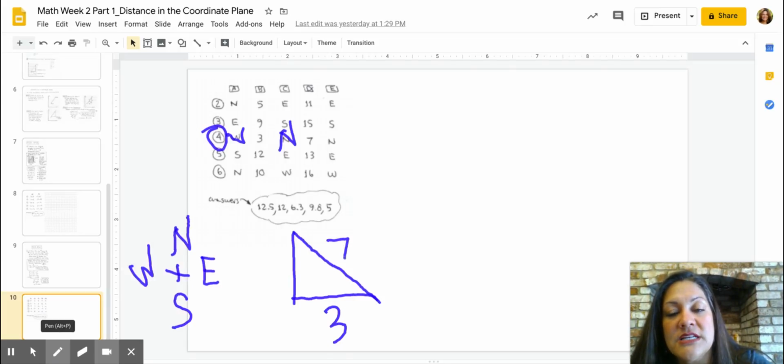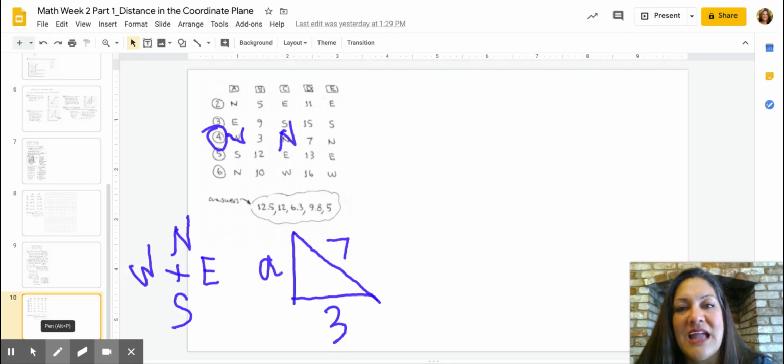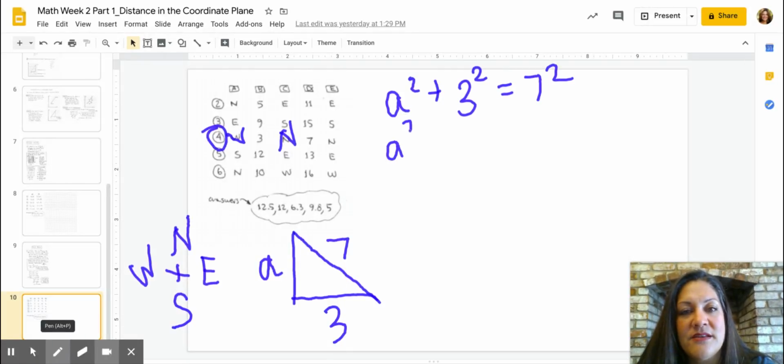Okay, so the question is how far north? And I did say I was going to do all B's, but let's just do A to be fun. I always change my mind. So I want to make this an A. Now we have A squared plus B squared equals C squared. A squared plus 9 equals 49.